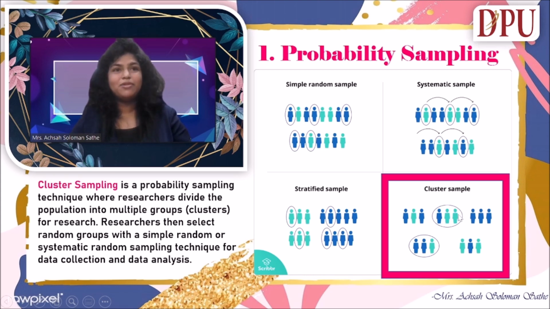They are just randomly put into groups, or we can call them clusters, and the researcher just selects the clusters on a random basis. So the only difference over here is in simple random sampling, you make a list and pick out the individuals. Here you're picking out groups. And also remember, there is no strata. Over here in the picture, can you see they have divided all the green separately and the blue separately and then picked out individuals from them? But over here, there are clusters which are made at random and picked out also at random. Let's go to the next.